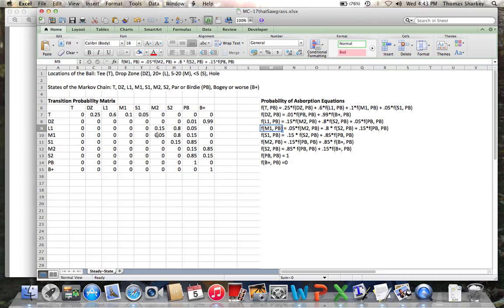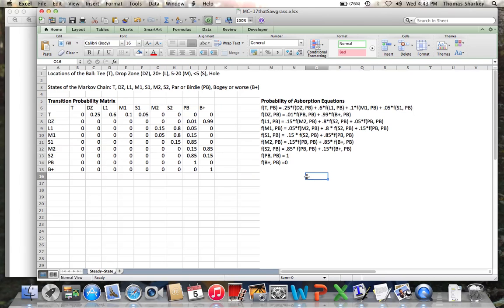So there's a 0.05 probability that we're in M1 and we transition to M2, and so we take 0.05 and multiply that by F of M2, comma, PB. And there's an 80% chance that we move to S2, so we take 0.8 and multiply that by F of S2, comma, PB. And then there's a 15% chance that we end up in the PB state.